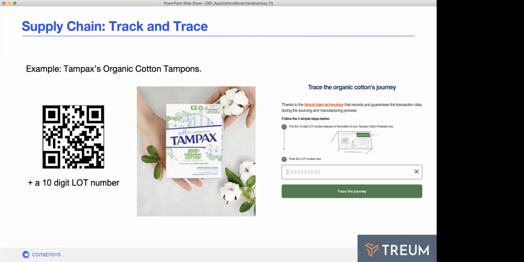And so you scan the QR code and you're taken to the web page to the right, and then you enter the lot number, and then it'll allow you to look at the journey that that cotton has gone on so that you can be sure that it's organic cotton that's being used, so that you can verify the claim that the manufacturer is making. And so Tampax are using Ethereum to do that as the underlying platform.